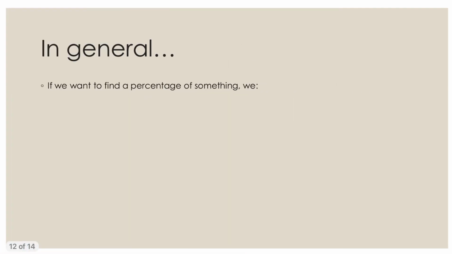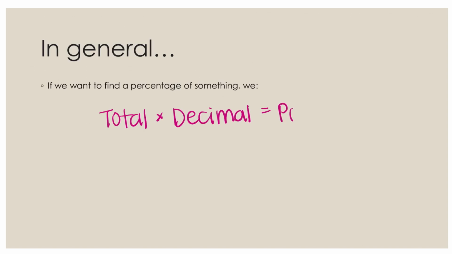So in general, if we want to find a percentage of something, we do the total multiplied by the decimal, and that's equal to the portion of the percentage.